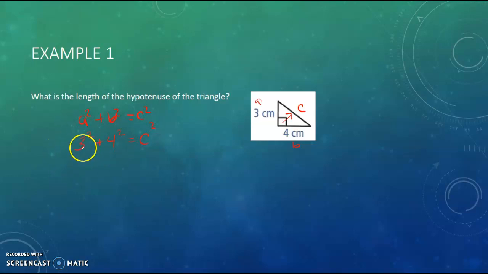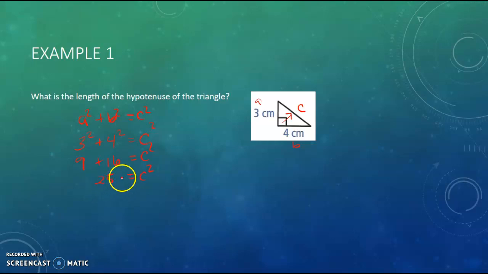From here, 3 squared is 9. 4 squared is 16. And I'm still looking for C squared. Now I'm just going to simplify. So 9 plus 16 is 25. Now, I want to find the hypotenuse, which means I want C. I want to know what C equals, not C squared.